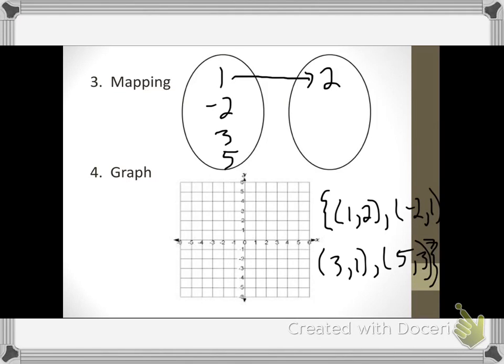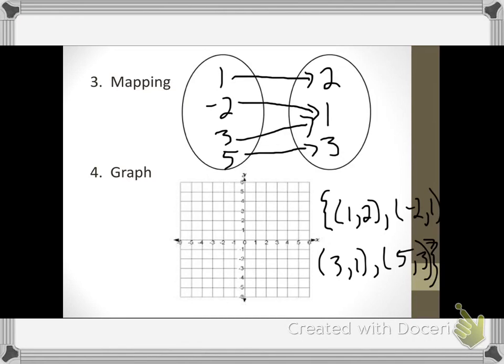Negative 2's y value is 1. So negative 2 maps to 1. If you notice though, 3 also maps to 1. So I don't need to list 1 again. I can just draw an arrow from 3 to my 1 over here. And then 5's y value is 3. So I've got to draw an arrow from 5 to 3. So that would be my mapping of my relation.